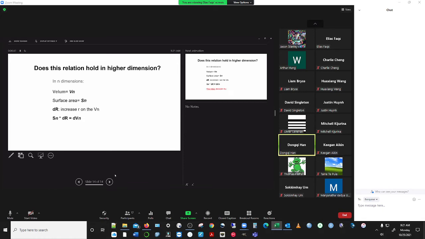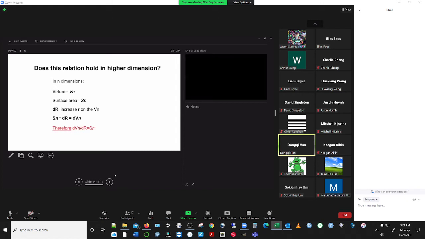In n dimensions, we call the volume of the n-sphere Vn, and the surface area Sn.